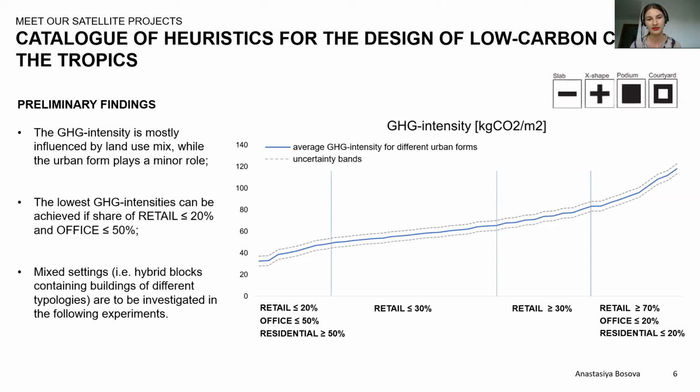So if an urban planner knows that his building is going to look like a cross, let's say, but he's not sure yet what the percentage of residential or commercial or retail in this setting is, he can check the uncertainty bands, and he can also check the trade-offs between the different land use mixes, because what was observed is that the slope changes slightly from one mix to another.